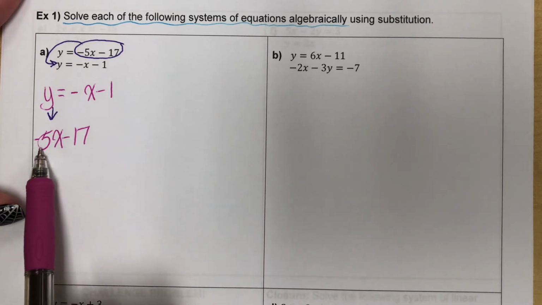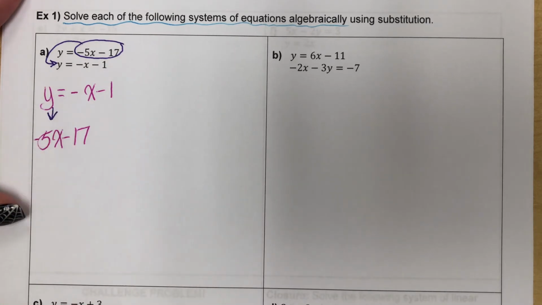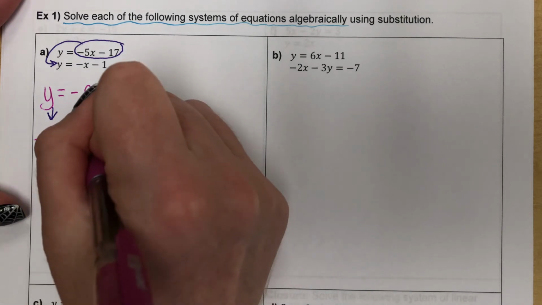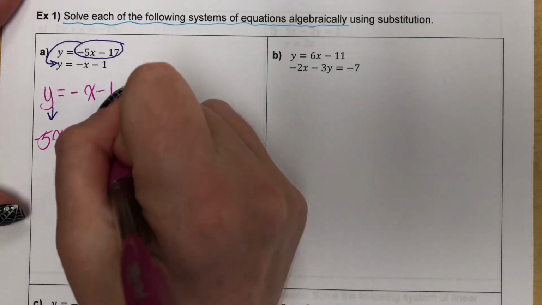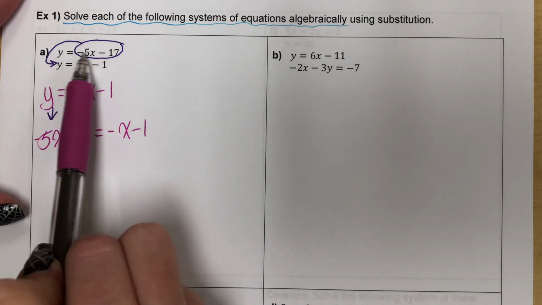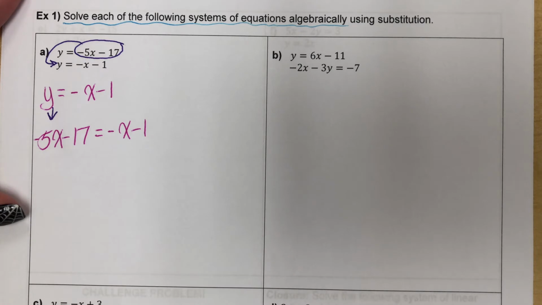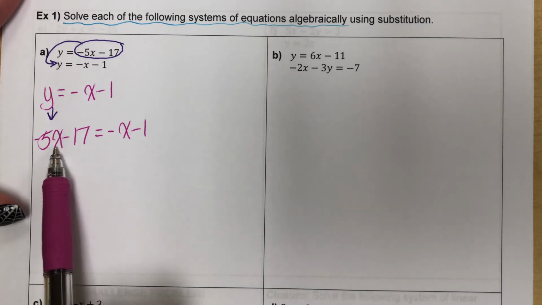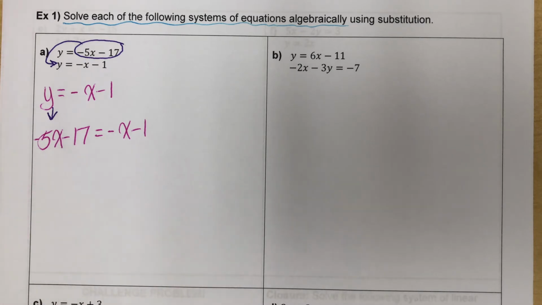I'm going to replace my variable y on the left-hand side. The right-hand side stays the same. It's -x minus 1, and now I'm good to go. Instead of having an x and a y in my equation, which I can't solve, now I just have x on both sides, which I can solve.